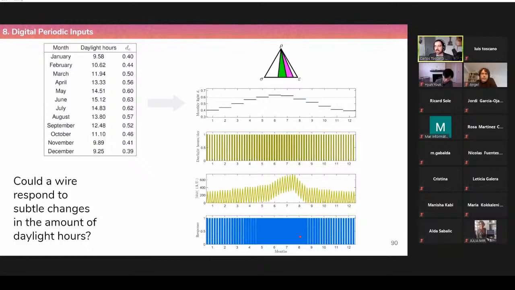Just a single wire is able to sense subtle differences in daylight hours. So yes, we can make a wire respond to these subtle differences.